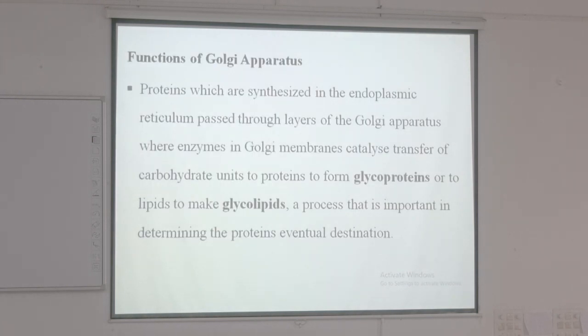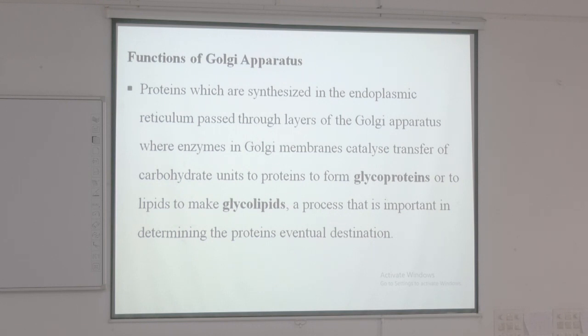Now the function of the Golgi apparatus: proteins which are synthesized in the endoplasmic reticulum pass through the layers of the Golgi apparatus, where enzymes in the Golgi membrane catalyze the transfer of carbohydrate units to protein to form glycoproteins and to lipid to make glycolipids. This is a process that is important in determining the protein's eventual destination.